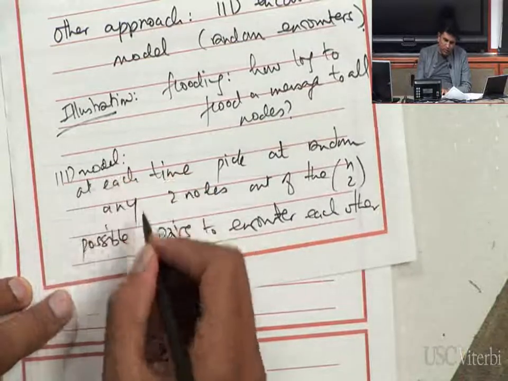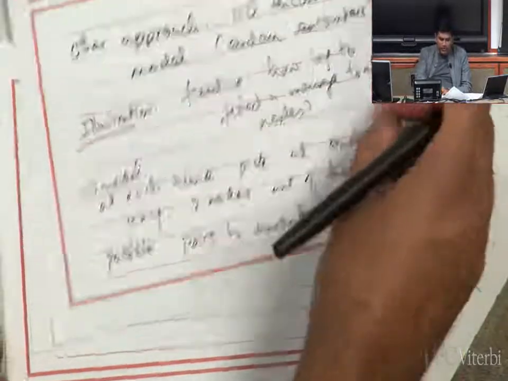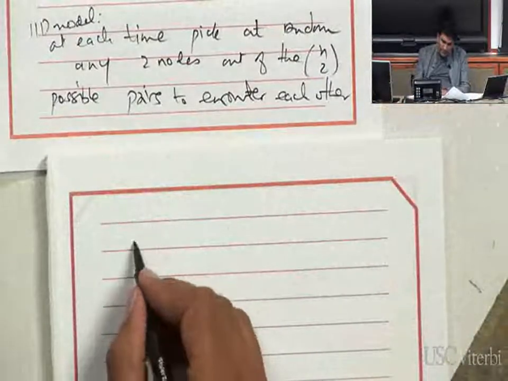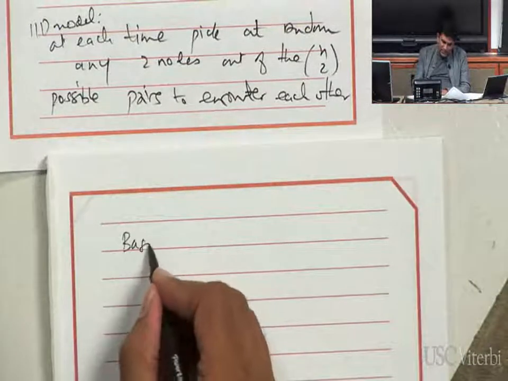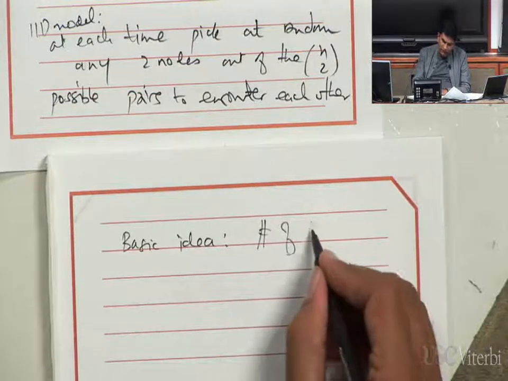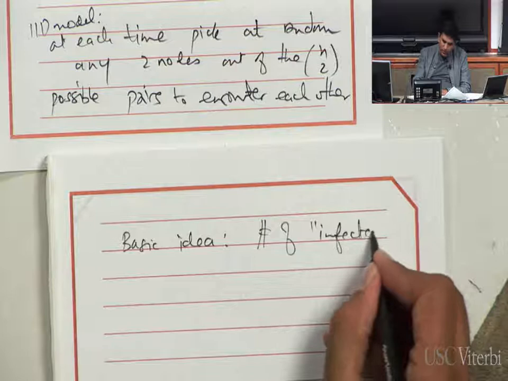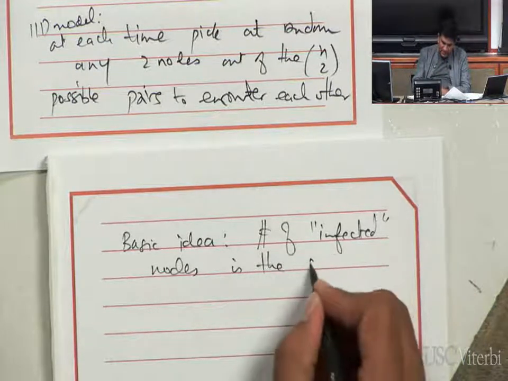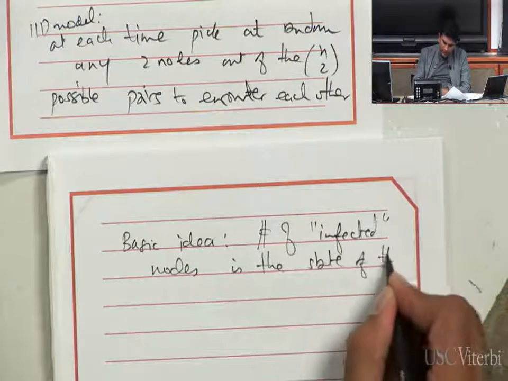And now we're going to figure out, using this model, how long does flooding take to get the data to all the nodes. So the basic idea is the number of infected nodes, if you will, is the state of the network.